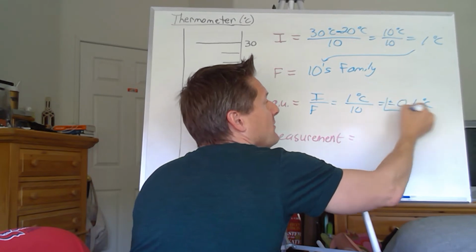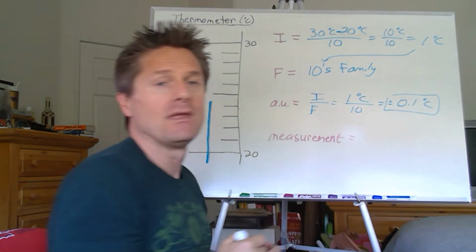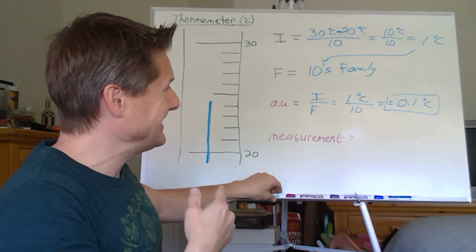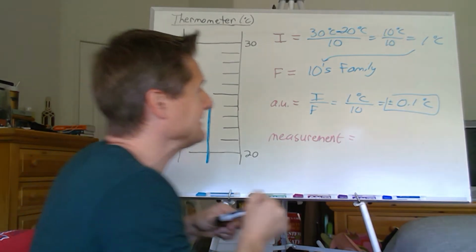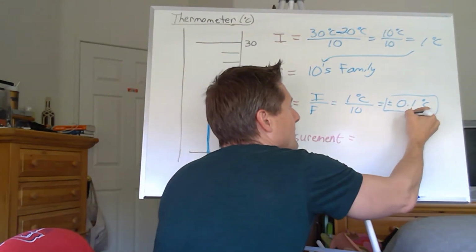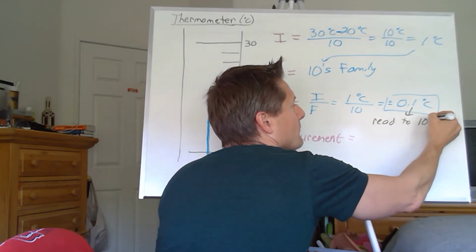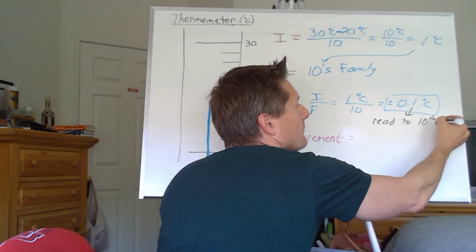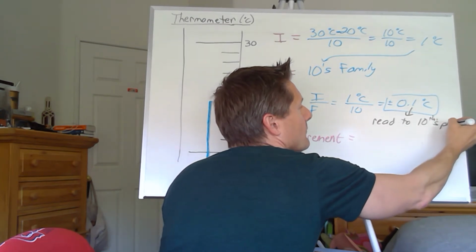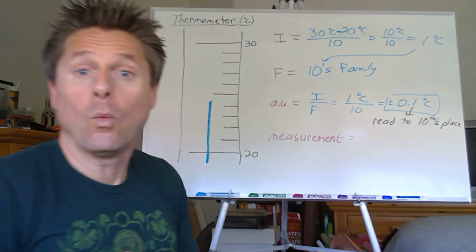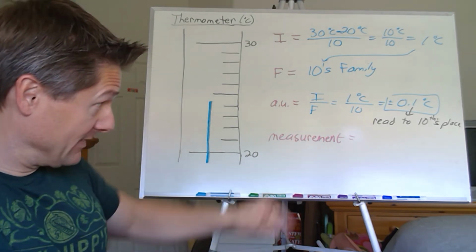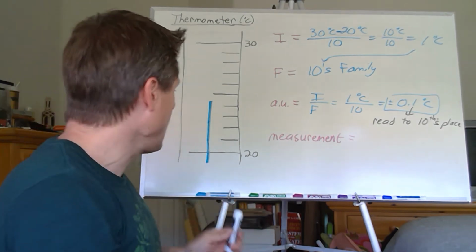If you want to put the plus or minus there, you're welcome to. The first non-zero digit is in the tenths place. So we're going to read to the tenths place, or to 1 decimal place, every reading with that particular measurement.